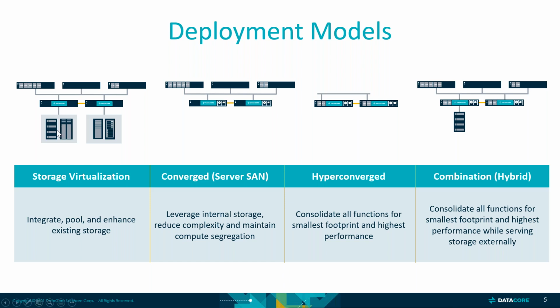Despite the diversity that you may have in your own scenario, you can create a pool from those and treat them as if they were a uniform set of resources, but of different classes: tier 1, tier 2, tier 3. So that's this left-hand case under the storage virtualization banner.